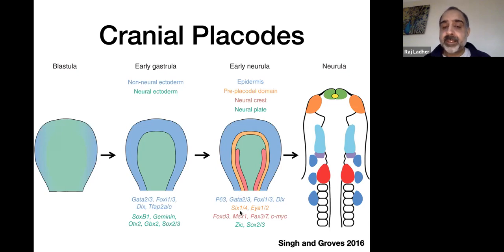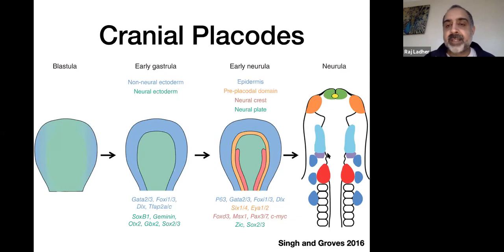There's some controversy on whether this orange strip, the preplacodal domain, is one preplacodal domain or two. Some people, and I'll show my bias here because I'm one of those people, like to suggest that there are two preplacodal domains, an anterior and a caudal one, and others suggest that there's a single preplacodal domain.